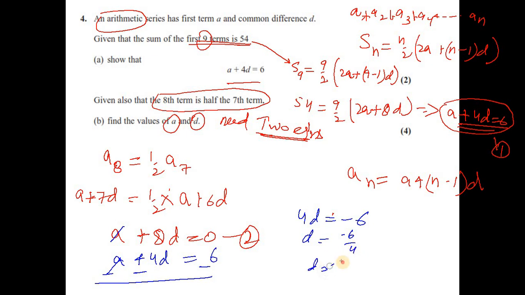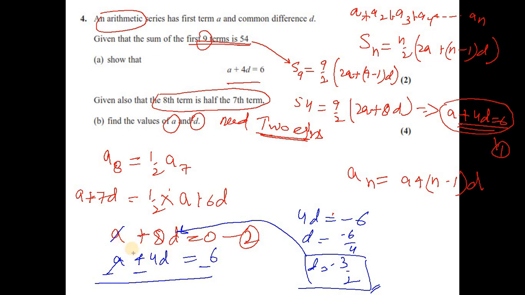So D is equal to minus 3 by 2. This is the value of D, and then you can substitute D in either equation 1 or equation 2. The easiest one is equation 2. You can plug in here, you can figure out the value of A.